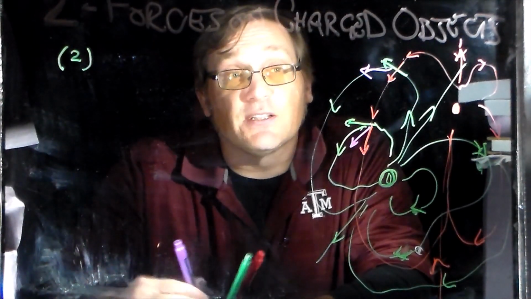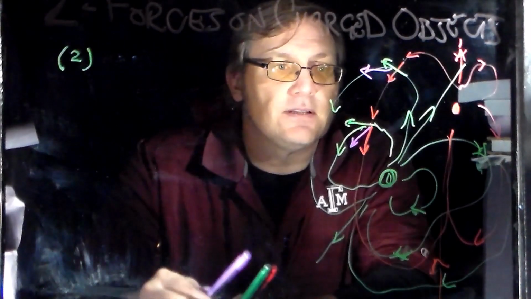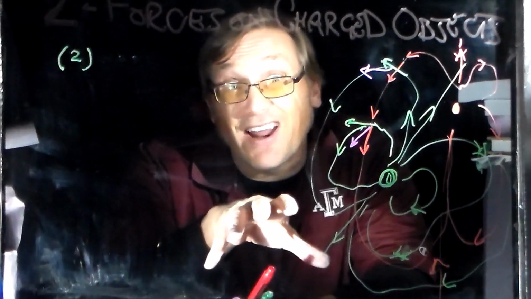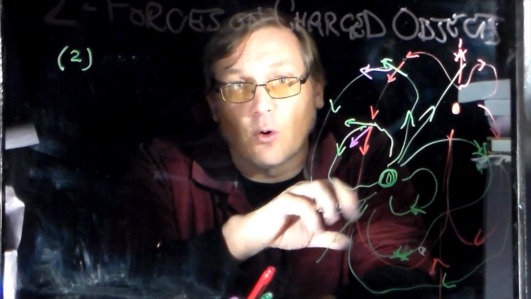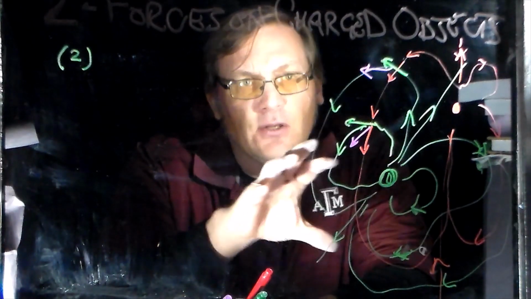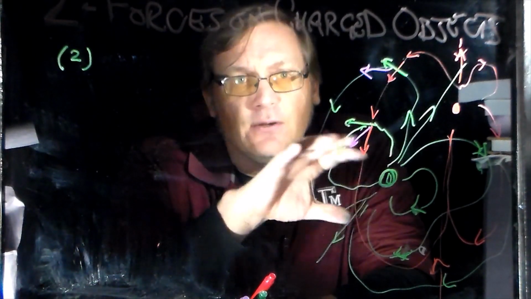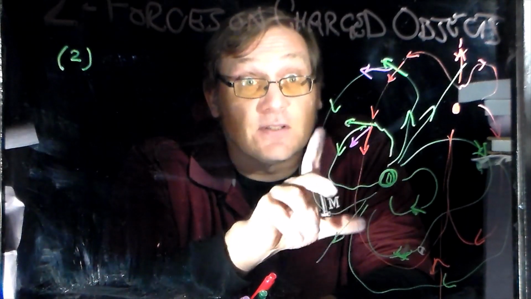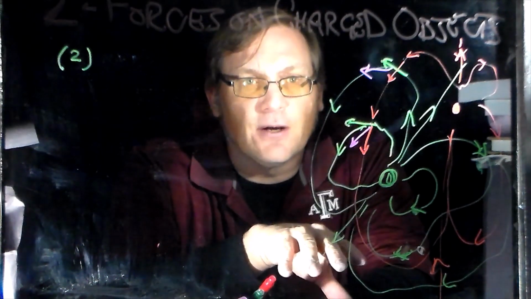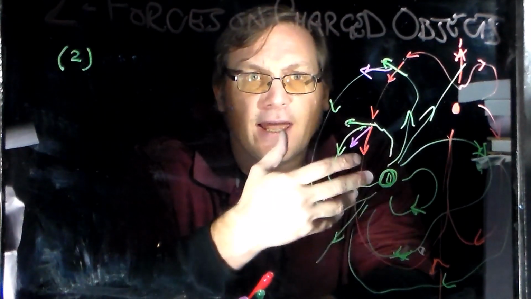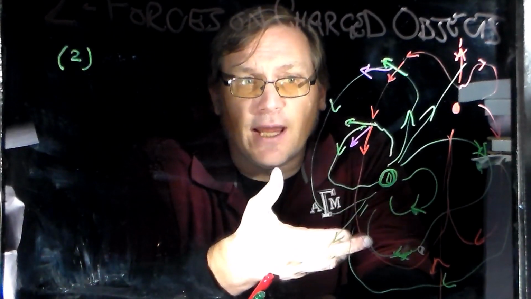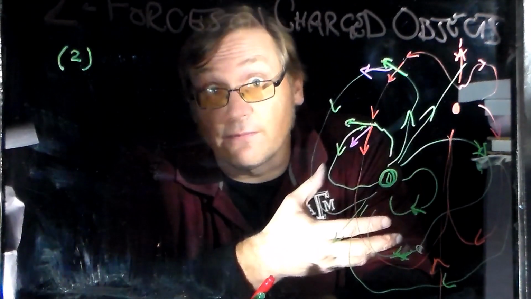So at each point in space, this field is being added vectorially. It's always being added vectorially. So all that vector stuff you did in Physics 1 still shows up here because the field has to do with a force, and each source creates a field.